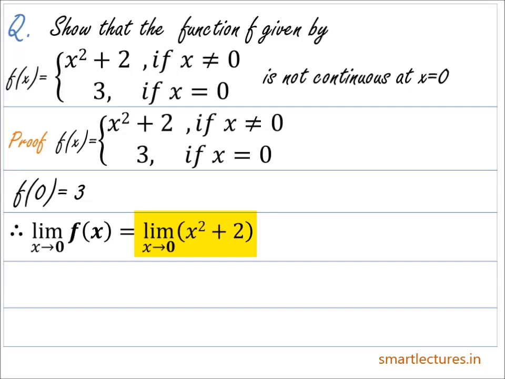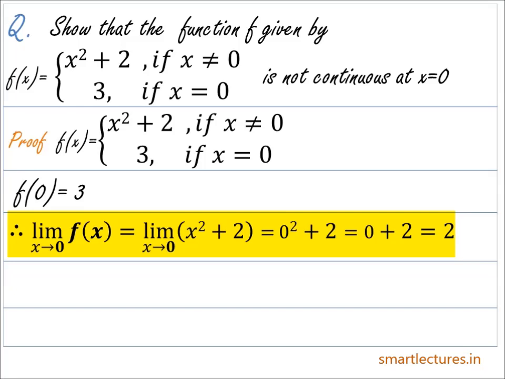So when x approaches 0, then x square, which is equal to x into x, will also approach 0. So that means the value of the limit is equal to 0 plus 2, which is equal to 2. So the limit of the function f of x when x approaches 0 is equal to 2.